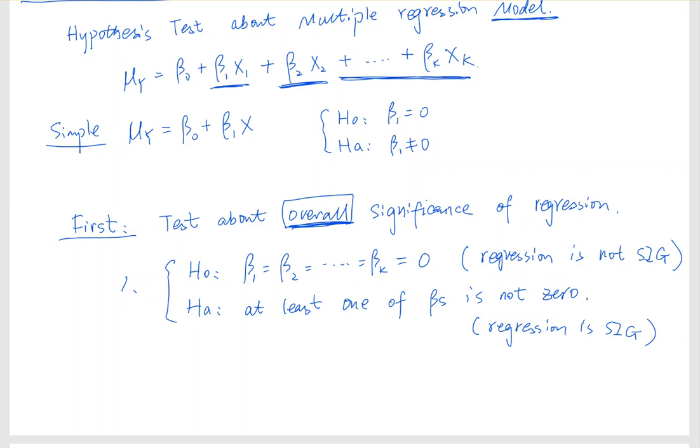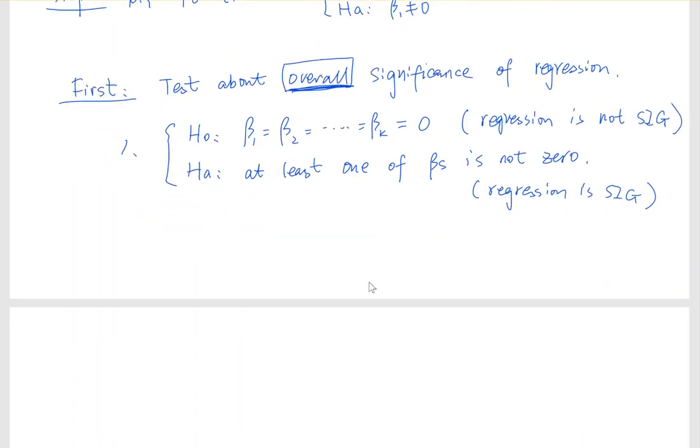All right, so how can we test this? Here we will use an F-test. This is another test. We talked about the z-test, the t-test, and the chi-square test. This is another test, we call it the F-test.